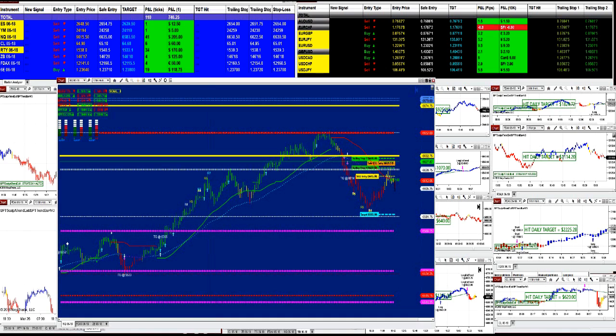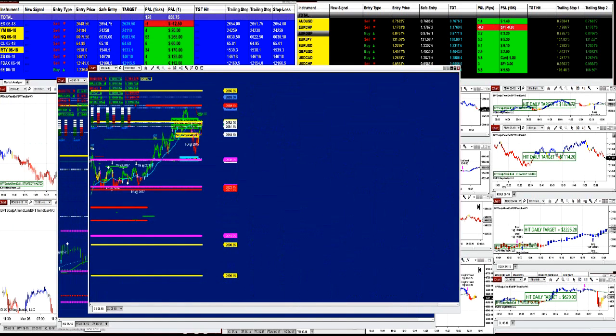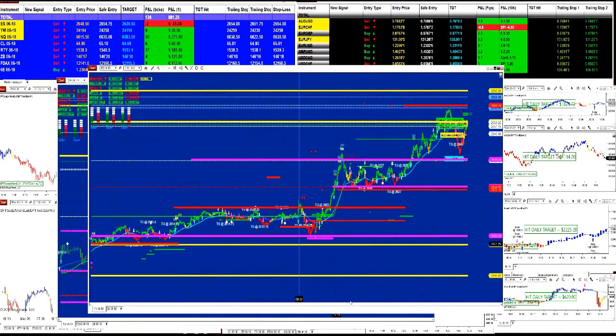Let me show you the ES also. The ES has hit the target and pulled back, for those who are familiar with this system. Let me try to show you earlier today.